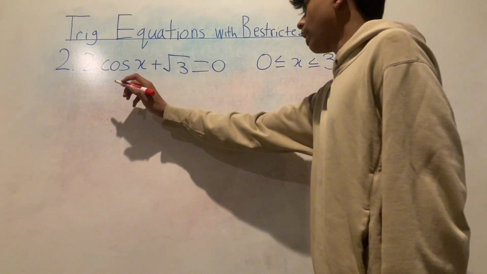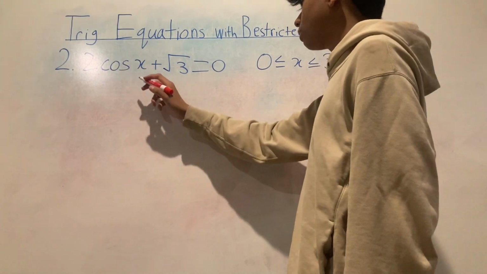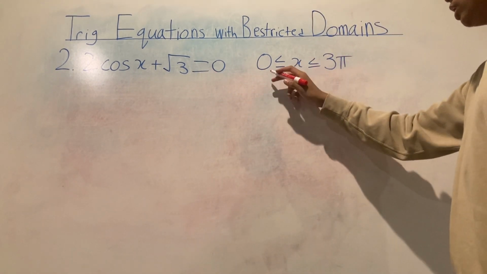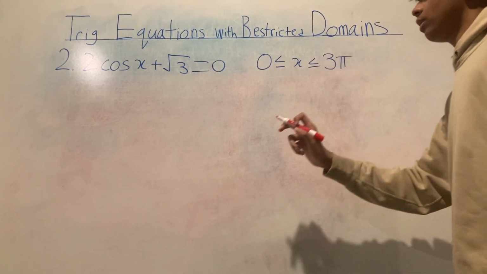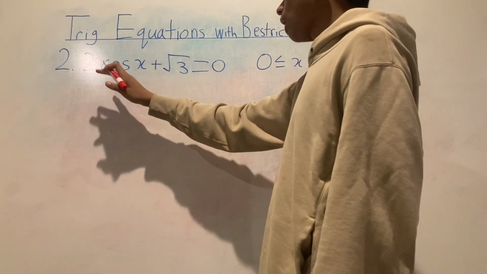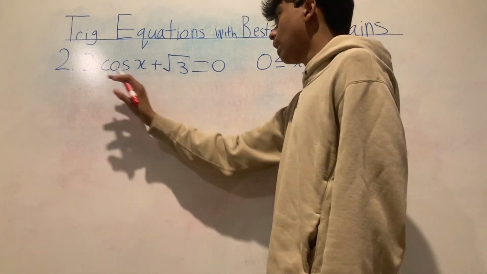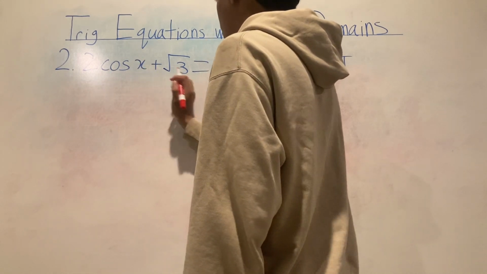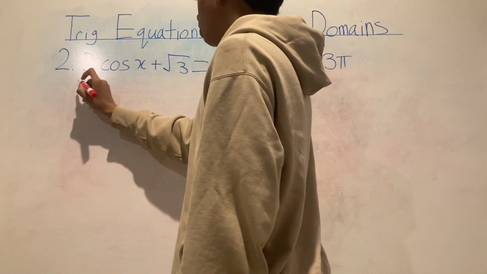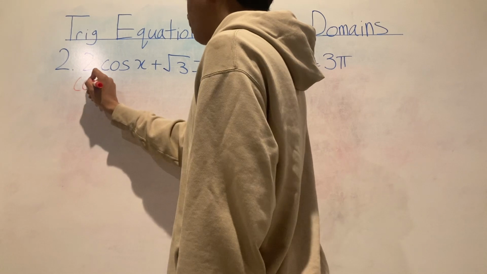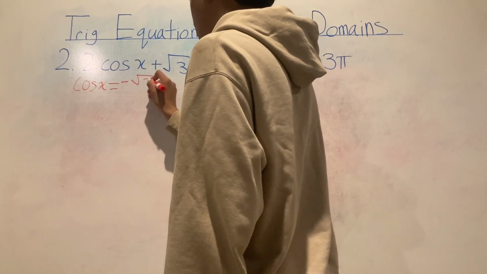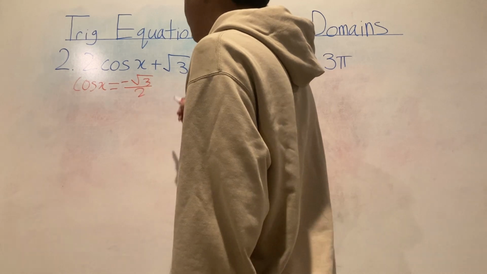Okay, question 2, we have 2 cosine x plus root 3 equals 0, and the domain is 0 to 3 pi. So first, what we're going to do is isolate cosine x so that it doesn't have any coefficients. So if we just move the root 3 and divide by 2, we'll end up with cosine x equals negative root 3 over 2.